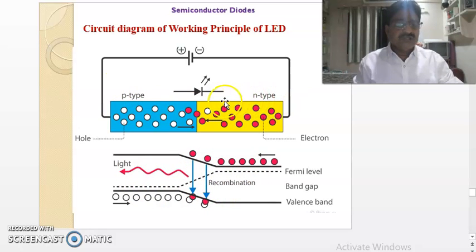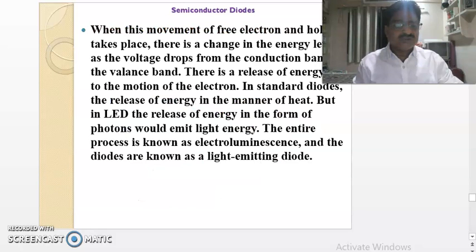Whenever the PN junction light emitting diode is forward biased, electrons overrun the junction and recombine with holes. During this recombination, light energy, photons, are produced.